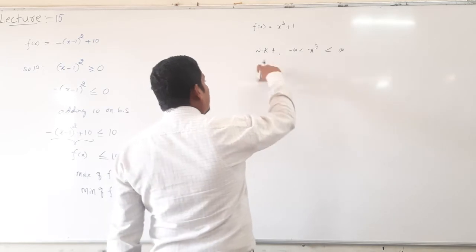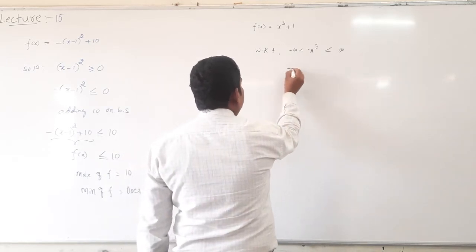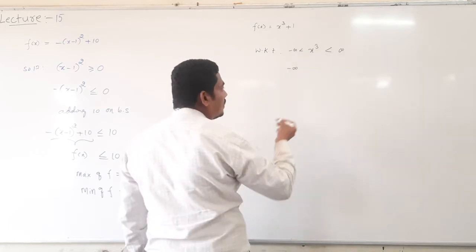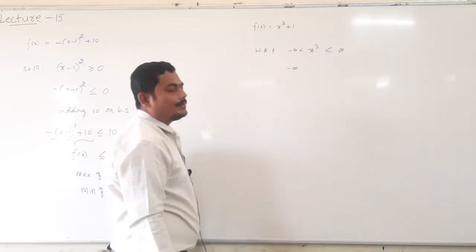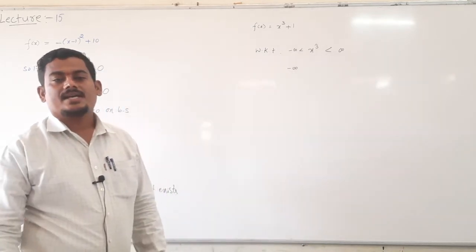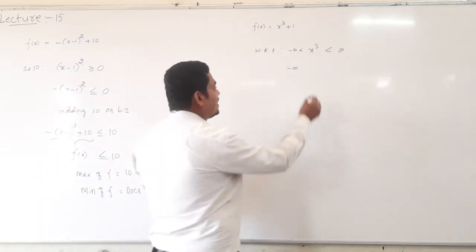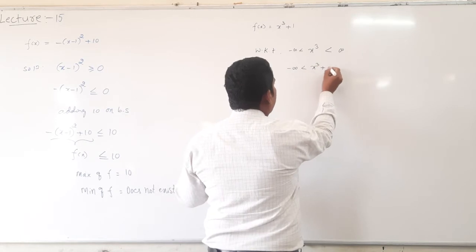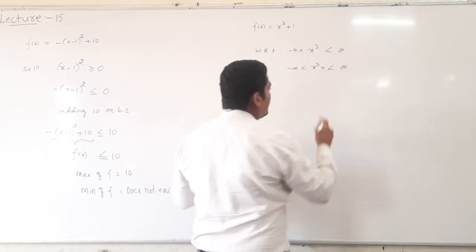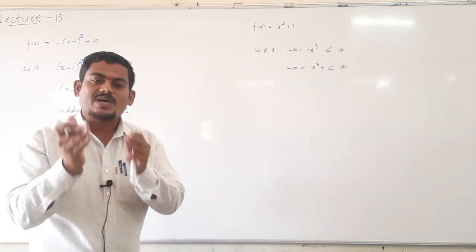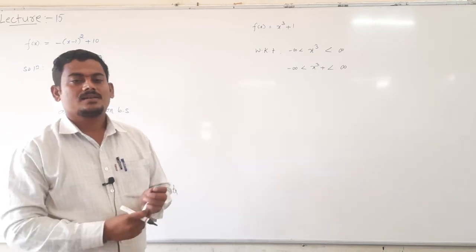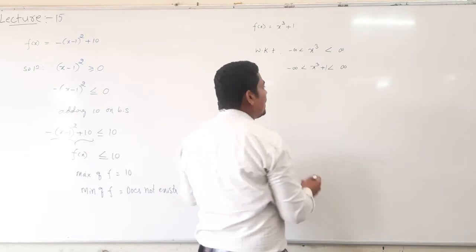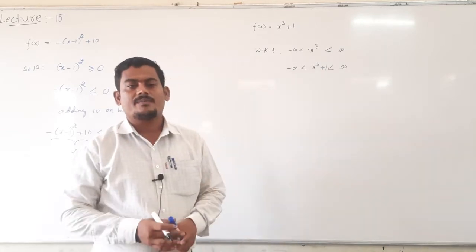And plus 1, adding 1 on both sides, won't make any difference. On adding any number to infinity, it will not make any difference, right? So x cube plus 1 is also less than or equal to infinity, because infinity plus 1 is also infinity. On adding 1 or 2 or any finite value to infinity, it won't make any difference.